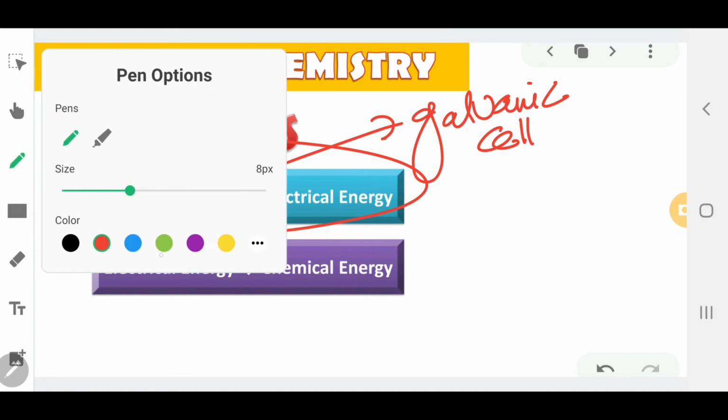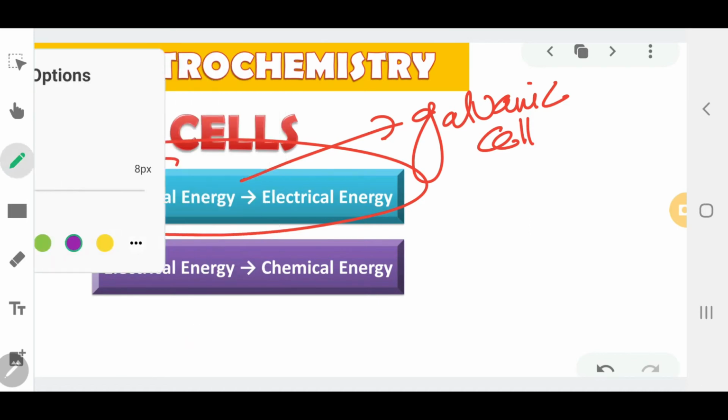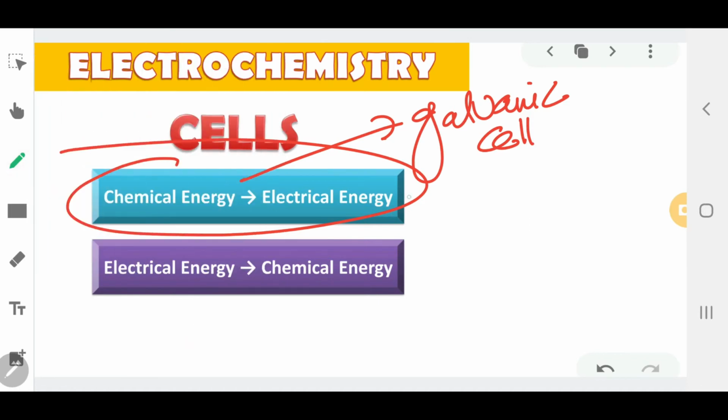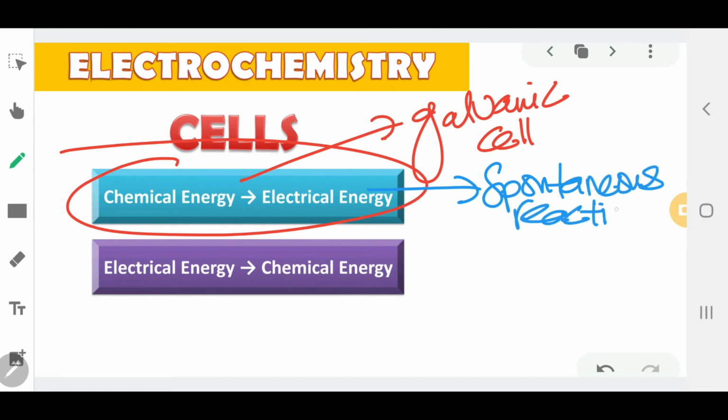And we say that this process over here is a spontaneous reaction. Why? Because we do not have to supply electrical energy to get the electron to jump from anode to cathode.